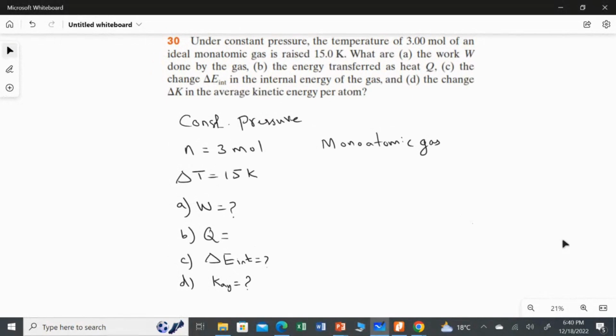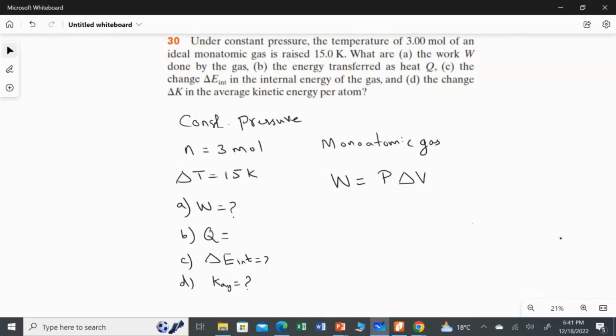What is the first question? We are going to find the work done by the gas. They clearly mention the thermodynamic process takes place at constant pressure. So if it is at constant pressure, we studied the rule: work done equals P delta V, right?